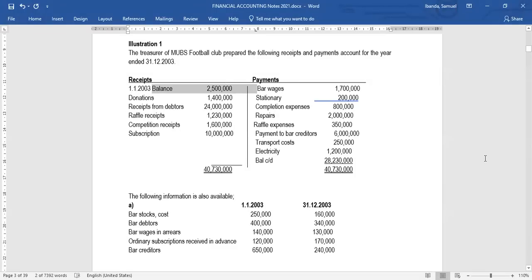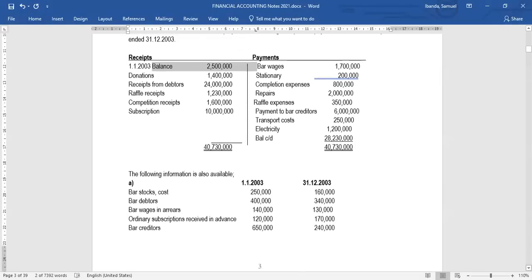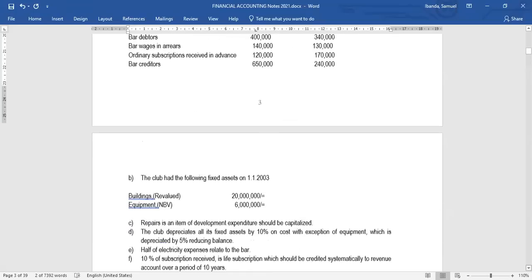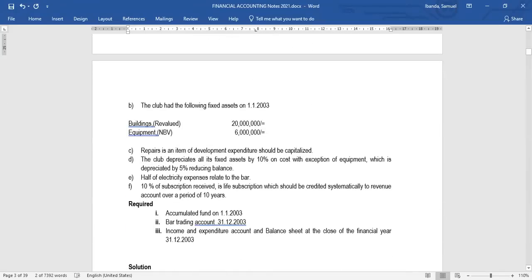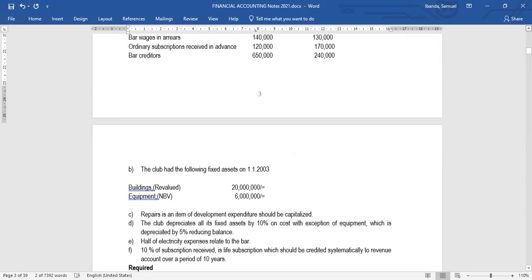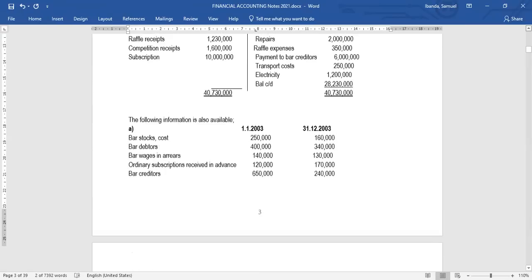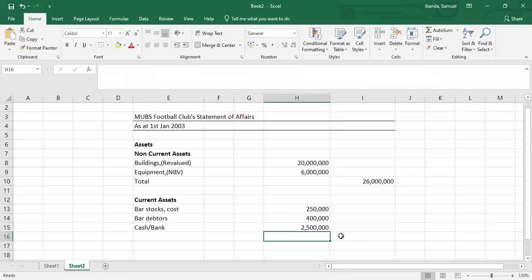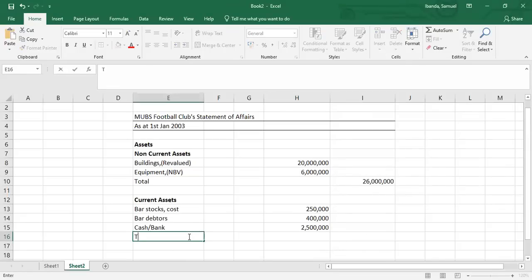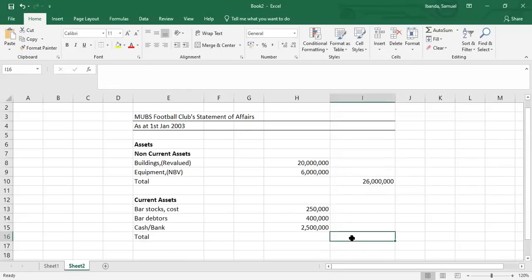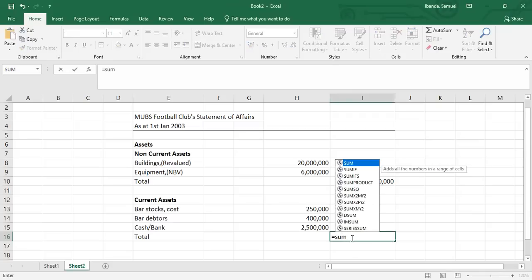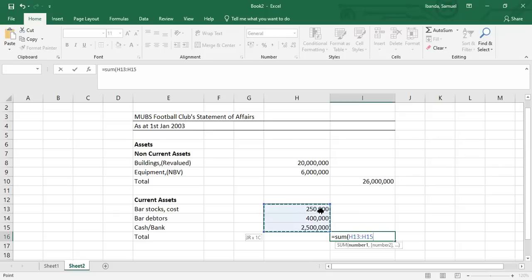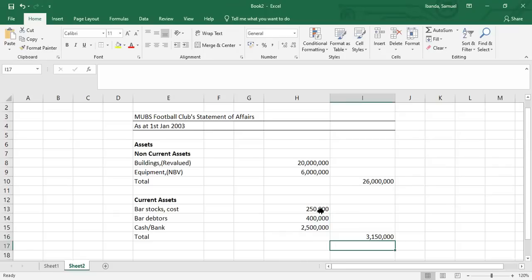So mine is just to look through and make sure I don't have any other assets. Yes, I don't have any other asset at the start. So once I have that, I'll go ahead to total up my assets. The total of this is 3.1.